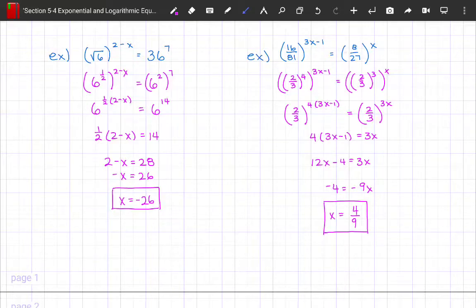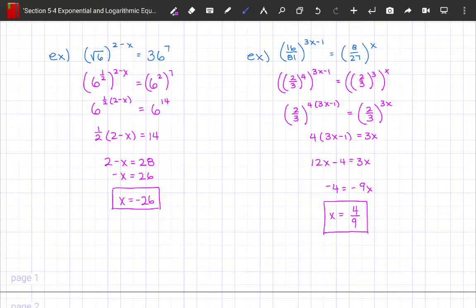Second example, a little trickier, but if we look at the numerators, 16 and 8, those are powers of 2. 81 and 27 are powers of 3. That can help you see the 2/3. One little note here, when you're writing it, when we want to put the 4 on the 2/3, it's got to be written with parentheses.